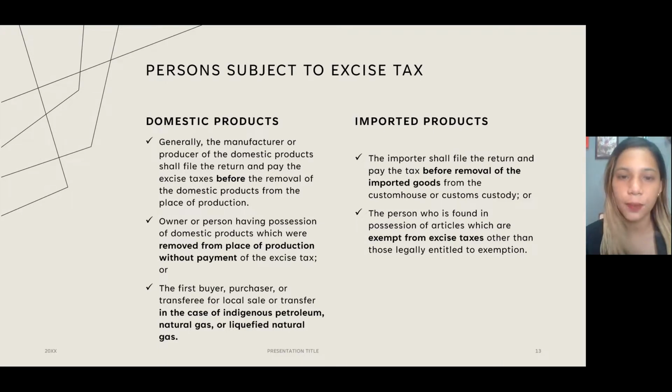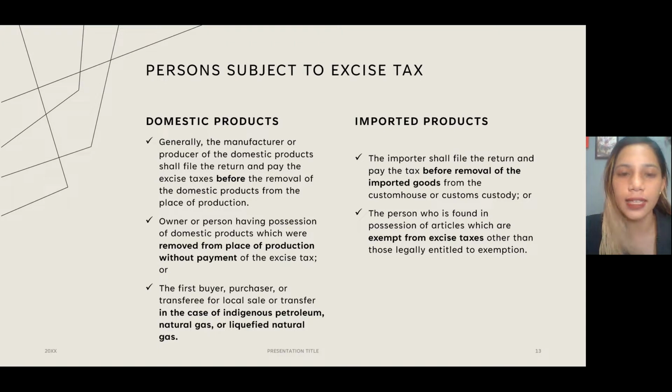On the other hand, for imported products, the importer shall file the return and pay the tax before removal of the imported goods from the customs custody. Just like in domestic products, before the removal of imported goods from the customs. Meaning, if a product is imported and enters the country, before it can be gathered or distributed, it first needs to be released from customs custody.